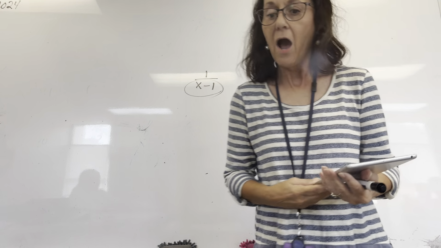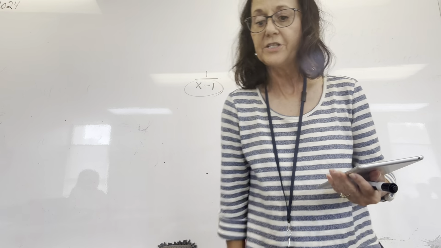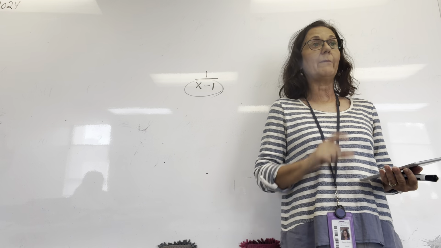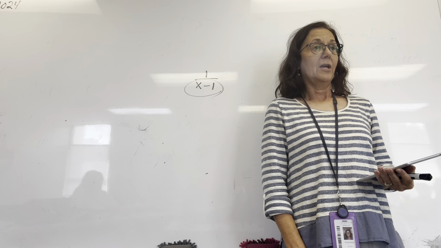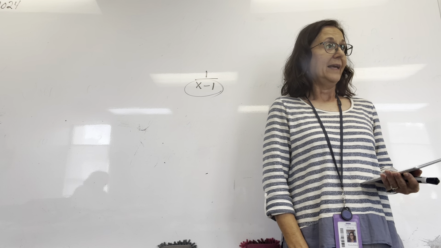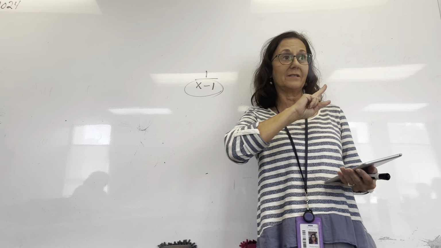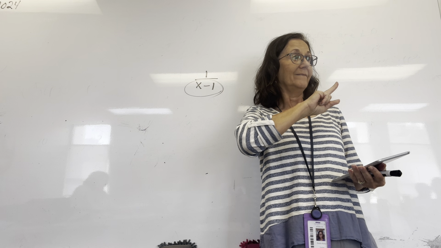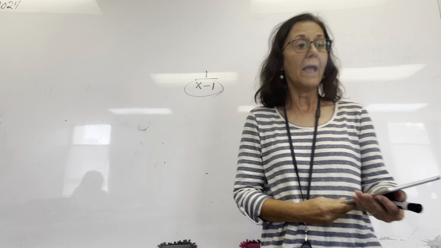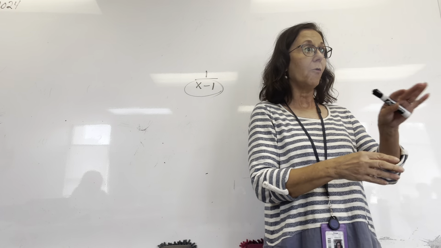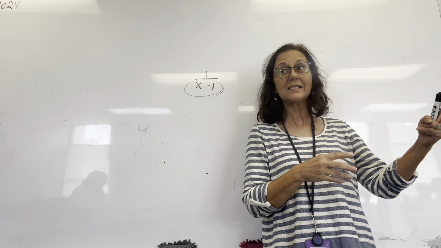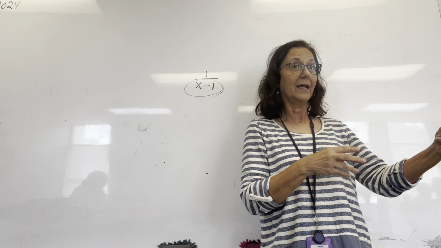All right, so how can we know the domain? Well, now we have a rational function. So the domain is all reals with 2 exceptions. What are those 2 exceptions? The denominator.